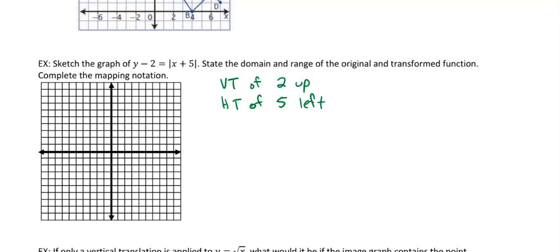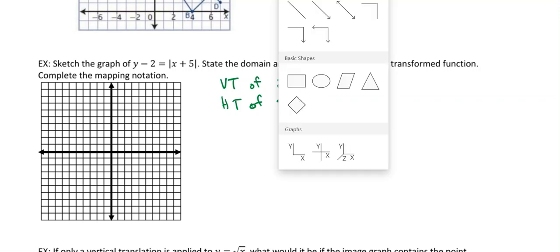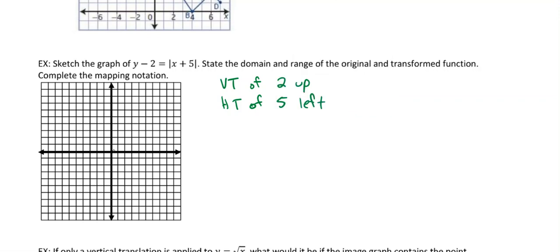So now what we have to do is sketch the original here first. Let's see if I can make a straight line. Not sure if this will work or not. No. Okay, I'm just going to try it freehand. What I'm drawing right now is just the base function of this thing.